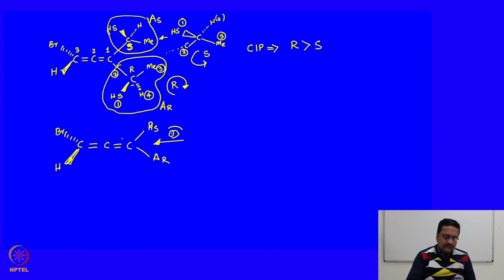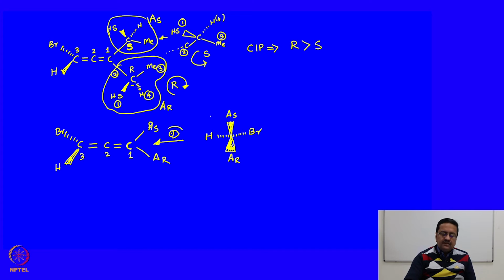So, when we look at this from this side, we give priority 1, 2, 3, and carbon 1 has the AS group pointing upwards, and the AR group also pointing upwards. On the back carbon, the bromine is pointing downwards on the right hand side, and the hydrogen on the left hand side once again pointing downward.